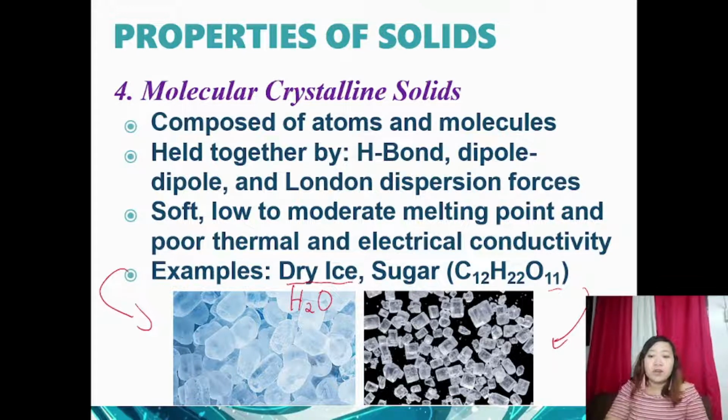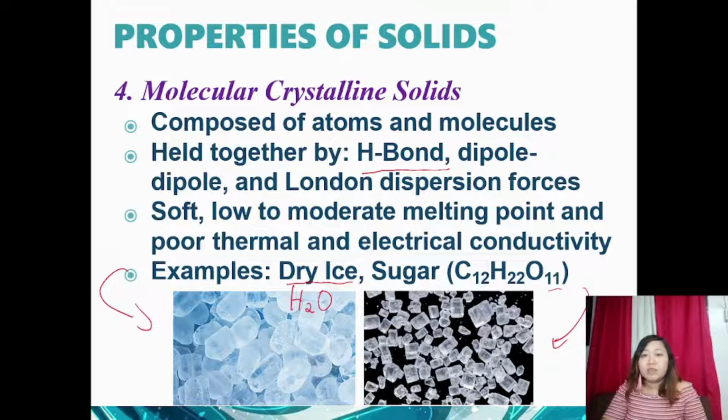These two are covalent, held together by covalent bonding. However, they are also held together by H bonding forces. So this is the strongest force in the compound. Therefore, it is classified into molecular crystalline solids.